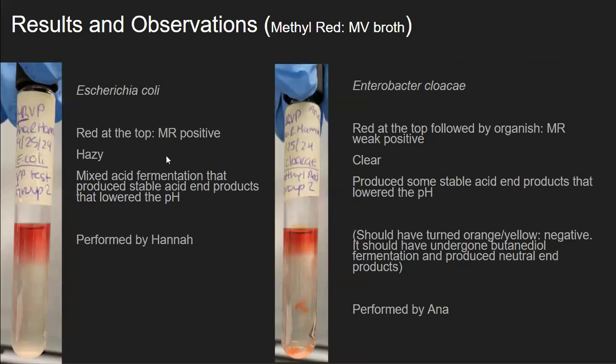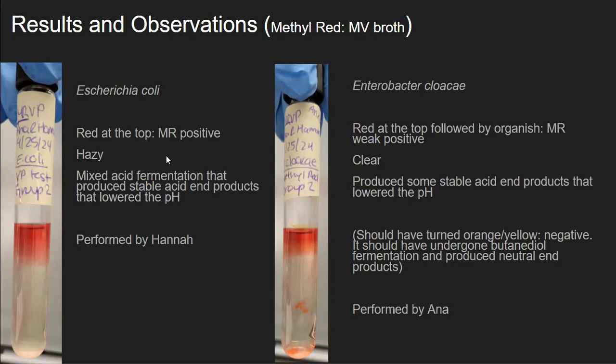For methyl red MR broth, Escherichia coli was red at the top, indicating that it was MR positive, as well as hazy. Mixed acid fermentation that produced stable acid end products that lowered the pH. For Enterobacter cloacae, it was also red at the top, followed by an orangish layer, indicating that it was MR weak positive.